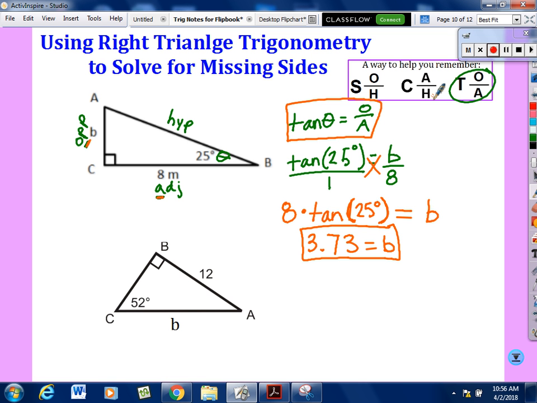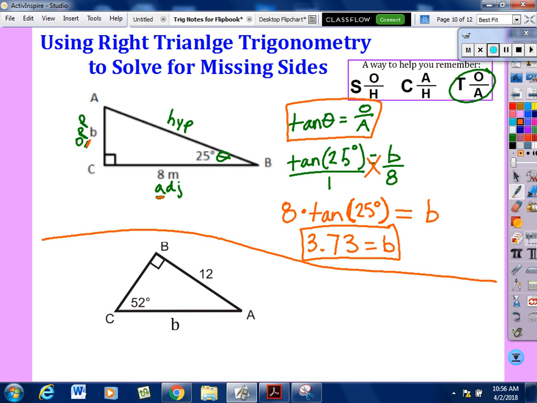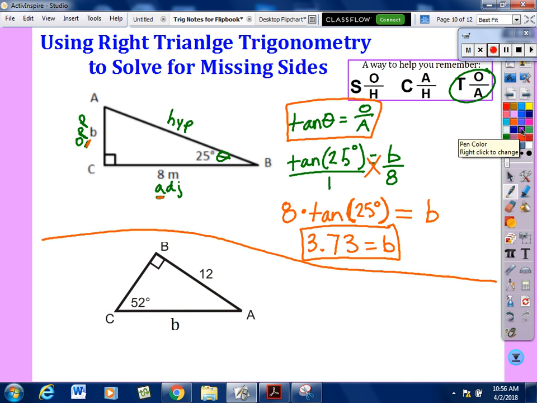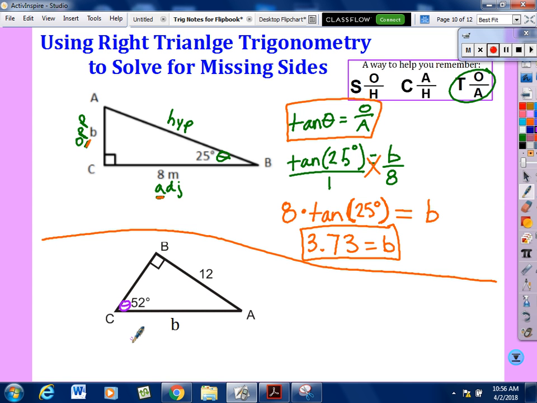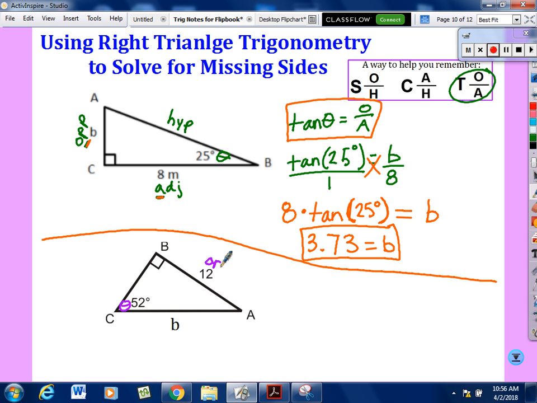When I'm looking at this next problem down here, I again would label my theta wherever the angle is that they give you. So that's 52 degrees. Across from that, or opposite of that, is my 12. That's the opposite side. Oh, sorry, no, the lowercase b is the hypotenuse. This is the adjacent side.